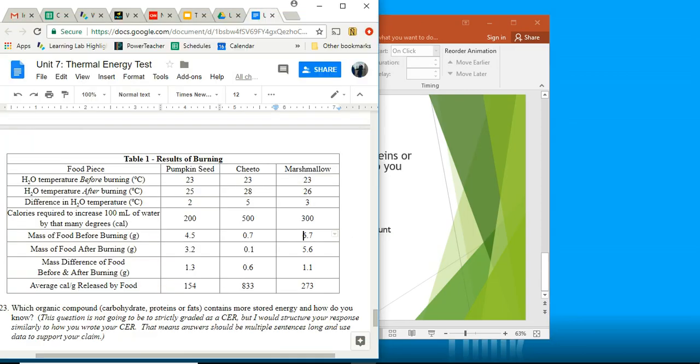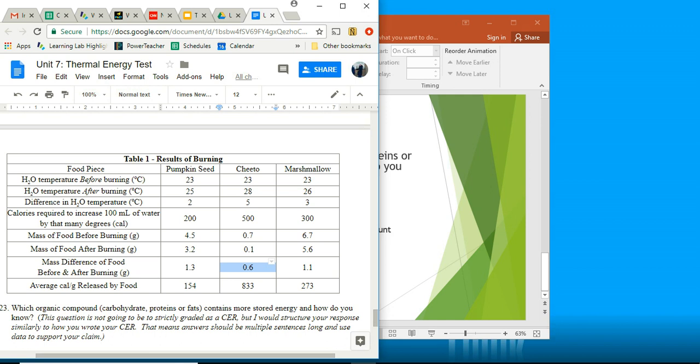And the reason why is because if we look at this data table, well, the Cheeto does still release the most energy. If we look down here on the mass of the food that burned, this mass difference is how much of that Cheeto burned away, how much of that pumpkin seed burned away, how much of that marshmallow burned away. And we can see here that the smallest number of grams of Cheeto burned, and then marshmallow and pumpkin seed, each of them burned about a gram.